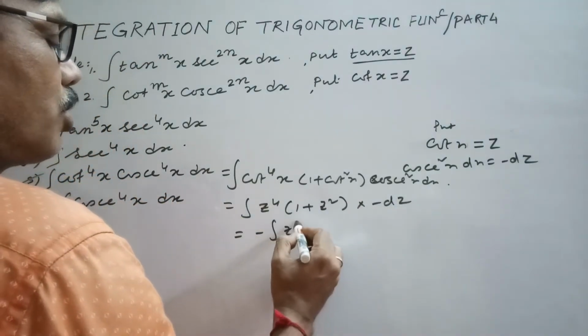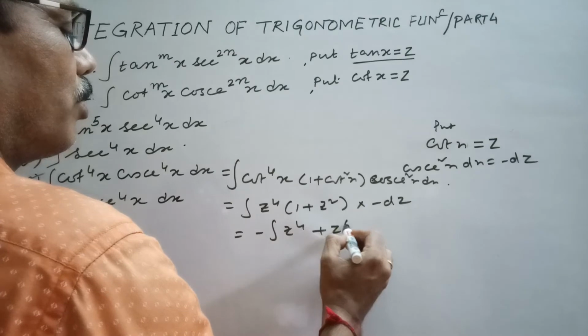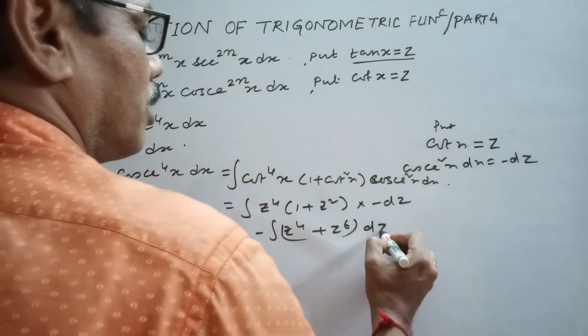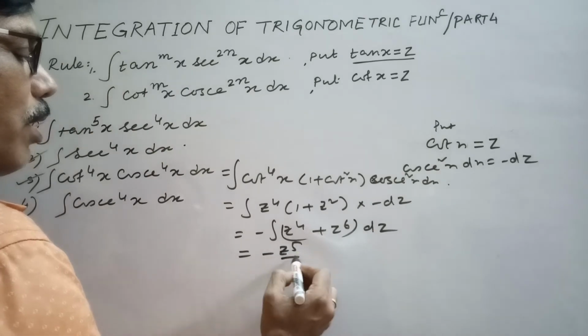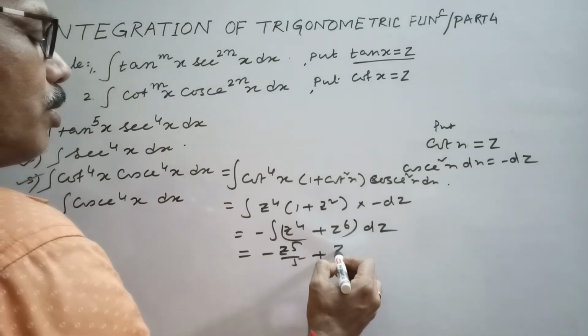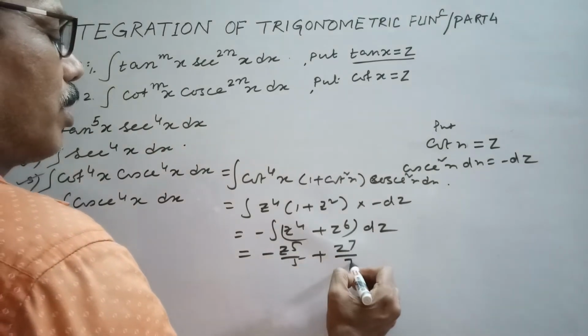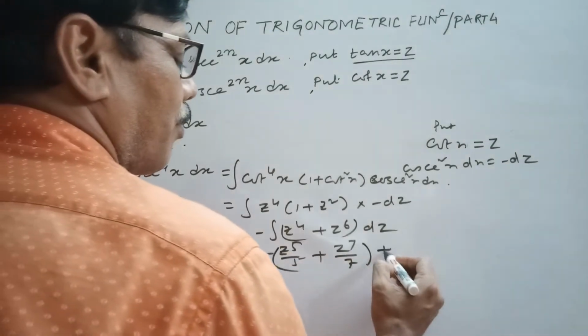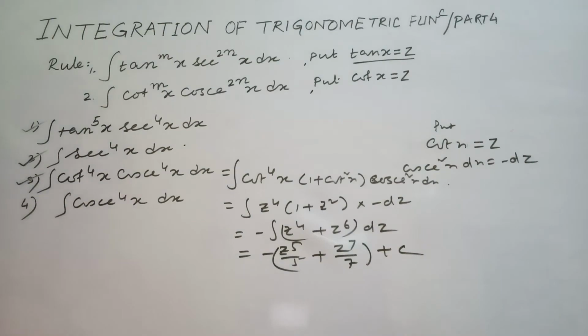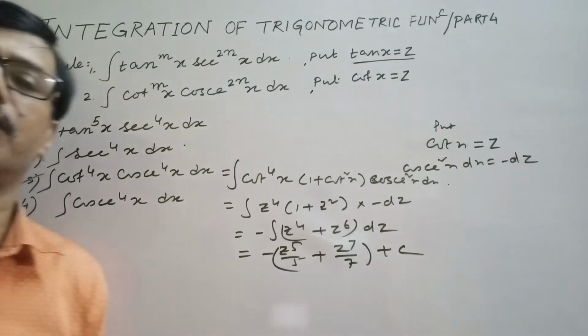So minus z to the power 4 plus z to the power 6 dz. Same procedure. So minus z to the power 5 by 5, z to the power 7 by 7, plus c, where z equals cot x.